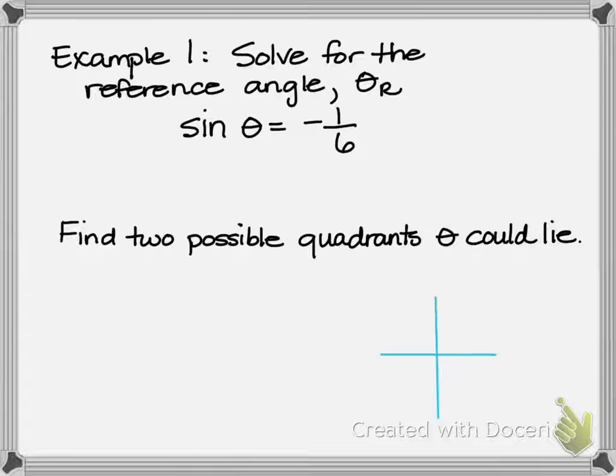I'm going to give you a trig equation, sine theta equals negative 1/6. And I'm asking you to solve for the reference angle, all right? Now, the reference angle is going to be your theta. So my goal is to isolate theta. I need to make sure that on one side of the equal sign, theta is all on its own.